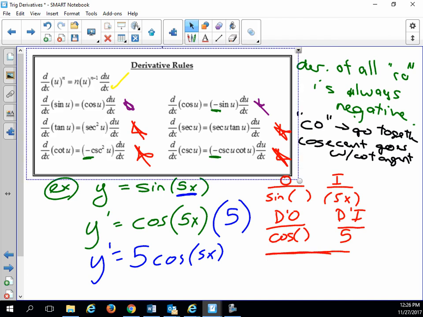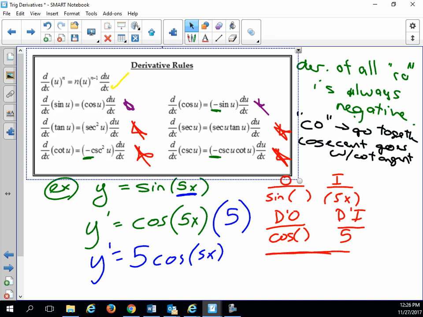So cotangent and cosecant squared, cosecant, cosecant, cotangent. You also notice that tangent is secant squared, cotangent is cosecant squared, so they're the opposite ones. One goes with sine, one goes with cosine. Secant goes with secant and tangent, cosecant goes with negative cosecant, cotangent.